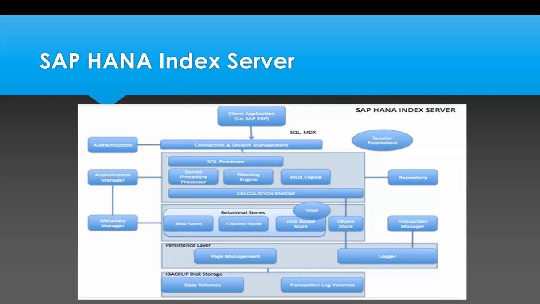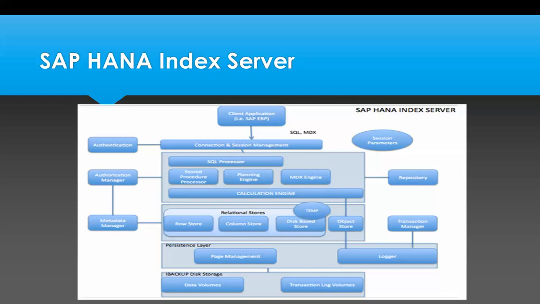Then we have stored procedure processor. It executes procedural calls for optimized processing without a reinterpretation. So, for example, converting a standard info cube into an SAP HANA optimized info cube. So, like that, it handles all the procedural calls. So, it's meant for stored procedures only, for processing those stored procedures.